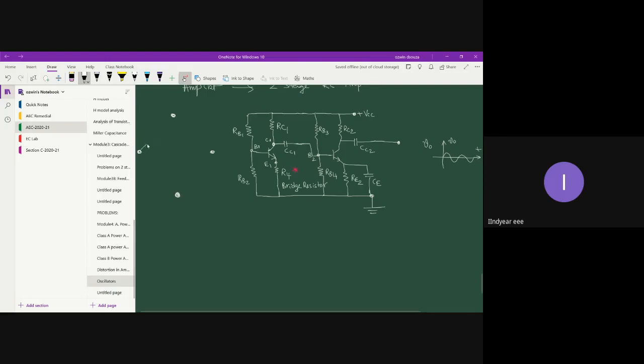Here I will have my series RC network. Say R1, C1, no problem. And this, let us take the parallel network, C2 and R2. And this is going to be the R3.